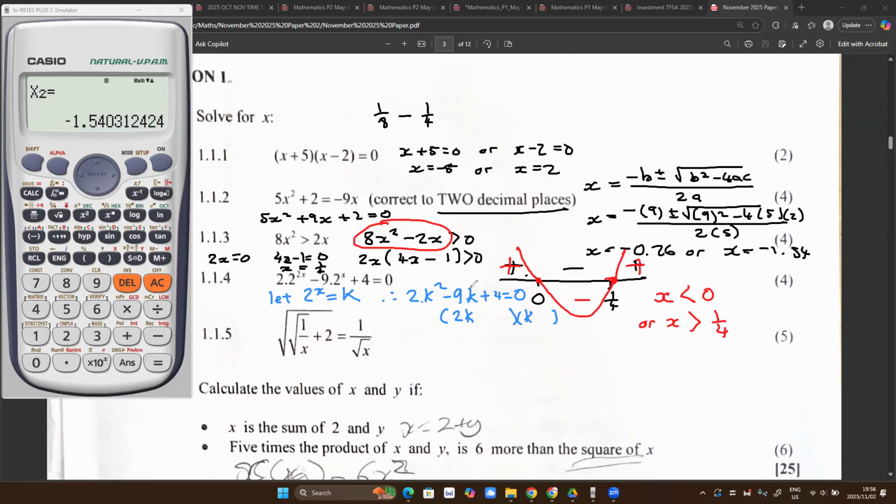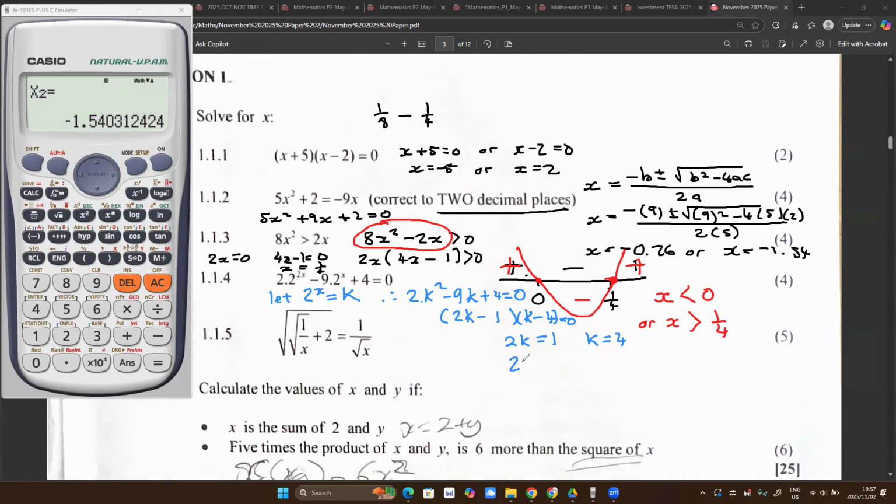Now to get to 9, we're going to have to make this 4 and this 1, because then we get negative 8k minus k. Okay, so those are our factors. So now we can sub back in, well, let's just say 2k is equal to 1, or k equal to 4. And now we sub back in our 2 to the x.